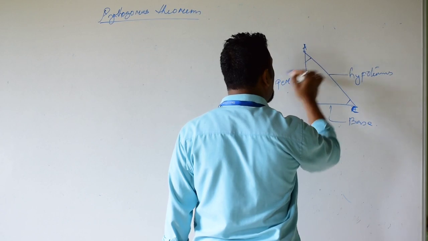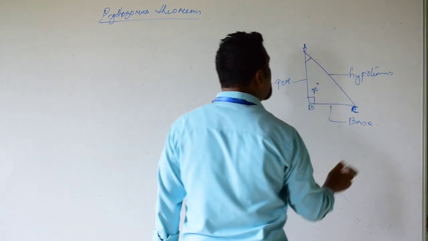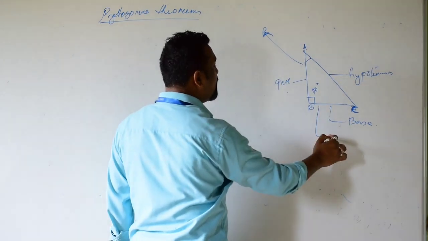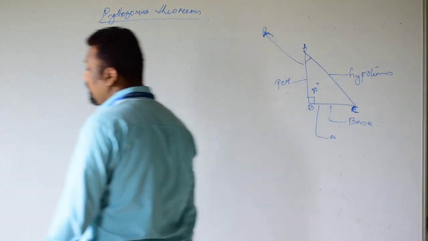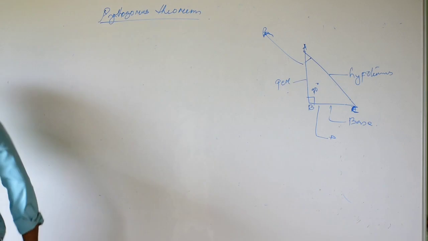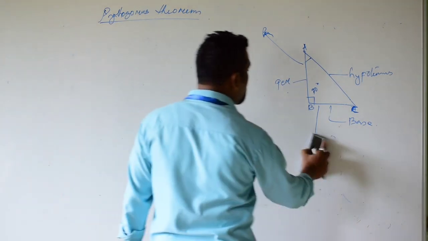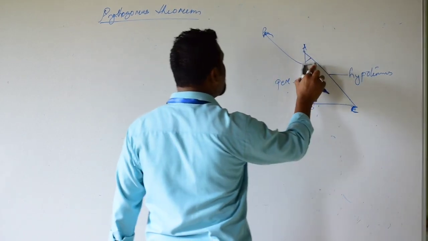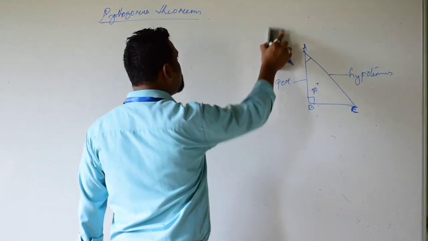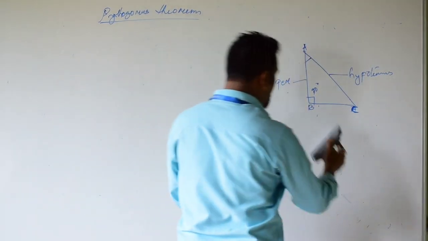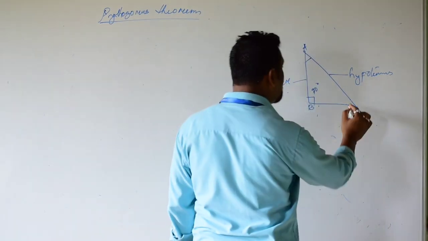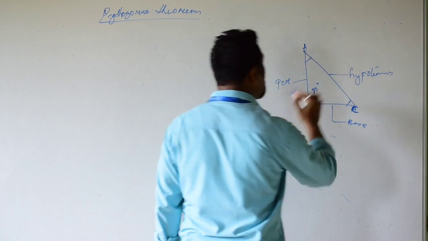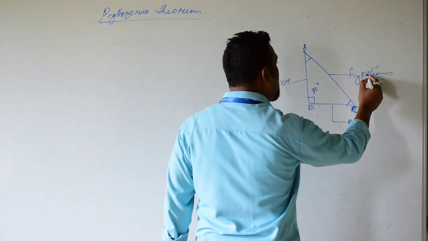If I am taking this angle, then this will become the base and this will become the perpendicular. It depends on which angle you are taking. So if I am taking this triangle and I am taking the angle from here, then for me this will become the base, this will be the perpendicular, and this will be the hypotenuse.